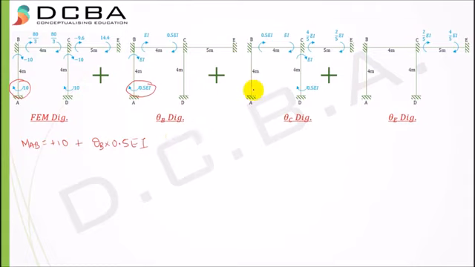Then there is nothing here, so plus 0 into theta C, and then there is nothing here as well, 0 into theta E. This is your equation for MAB, and when you substitute the value for theta B that we found in the previous step, you will get the exact value of MAB.